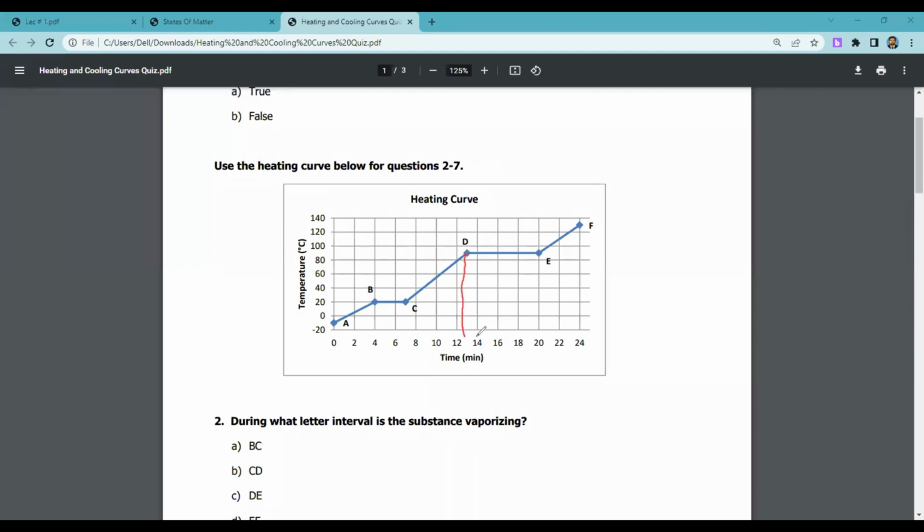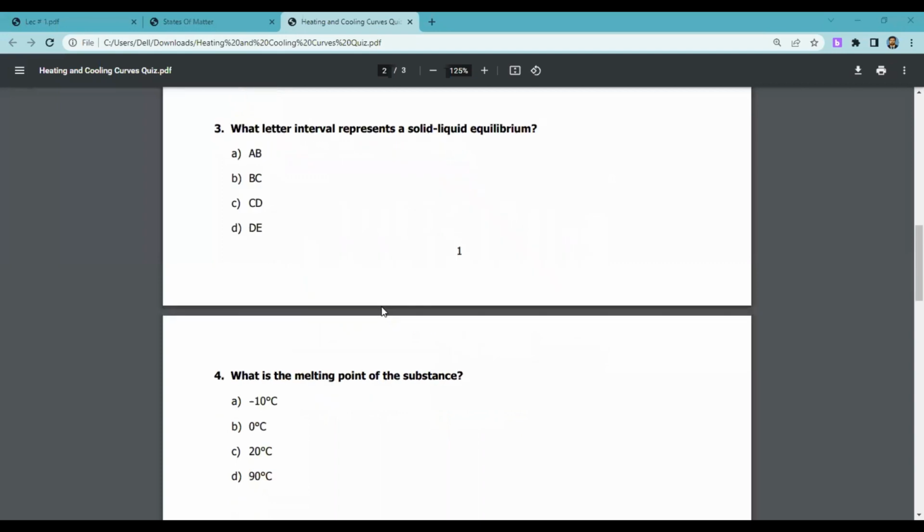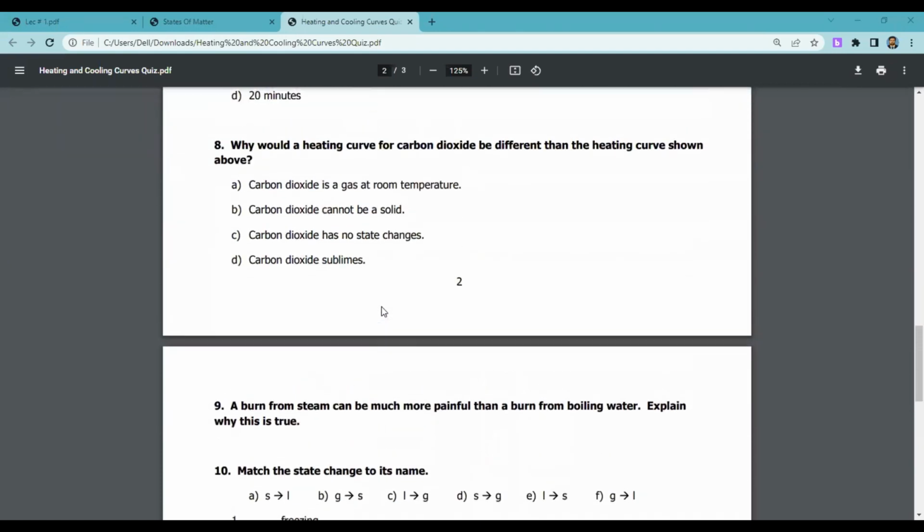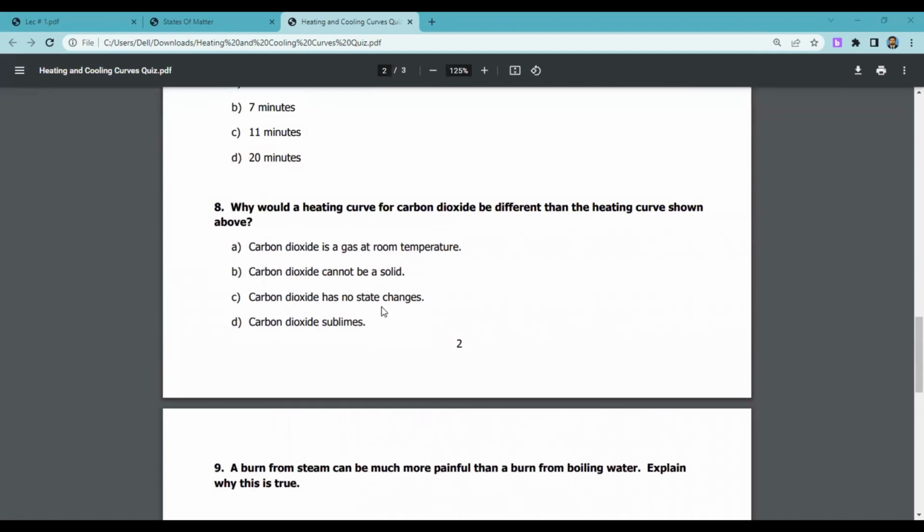It means that at 13 minutes it starts boiling and it is completely boiled at 20 minutes. 20 minus 13, it means it takes 7 minutes to complete. I hope this will help you to answer your question.